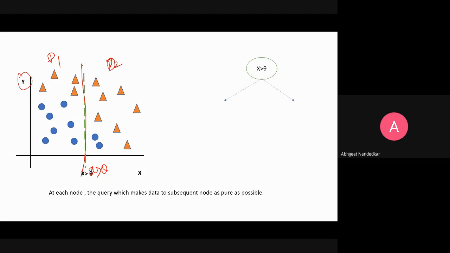So I created a node, and I say this is yes and this is no, with the two data sets d2 and d1. So now we have two separate problems with two subsets, d1 and d2.